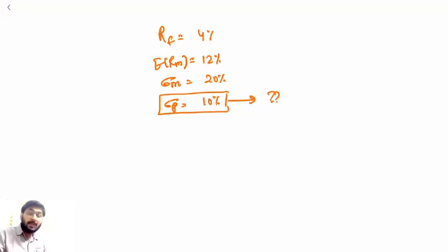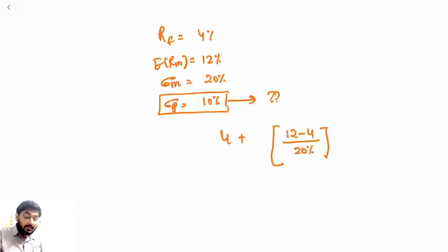So how to calculate? RF plus RM minus RF, that means 12 minus 4, divided by sigma of the market, that means 20%, and multiply it with the standard deviation of your portfolio. This is the standard deviation of the market, this is the standard deviation of the portfolio. With this, I calculate the expected return of the portfolio, which comes to 8%.